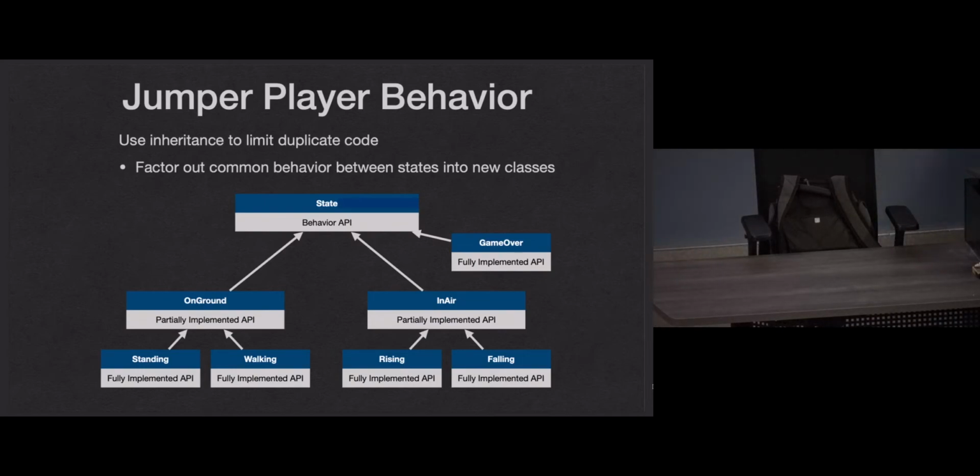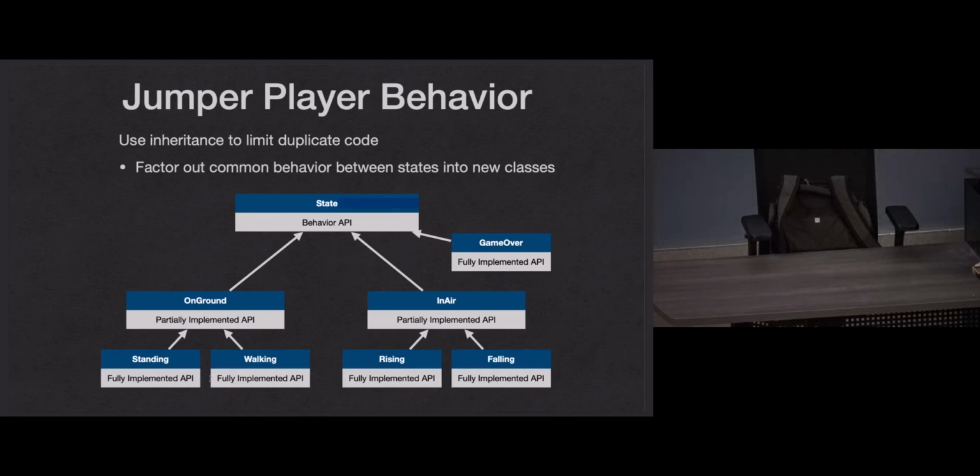But I'm making an observation here, which is the very first observation we made when I first introduced inheritance, that the standing and walking classes and the rising and falling classes, these states have a lot of common functionality. And I don't want to cut and paste this code between these states. A lot of their methods just do exactly the same thing as the other one.